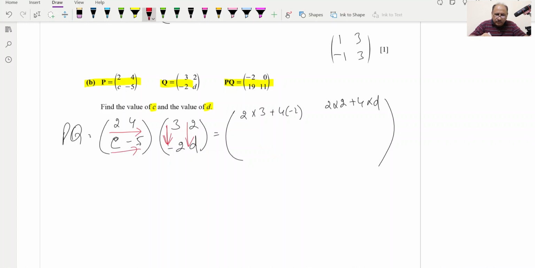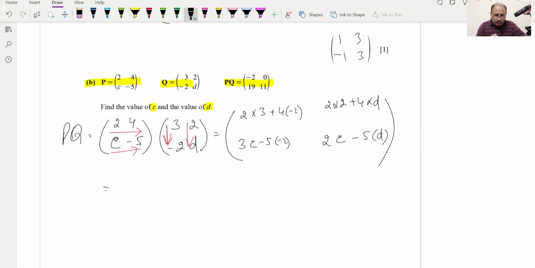So it will be 3C and minus 5 into minus 2, and second row second column will be 2C and minus 5 and D.